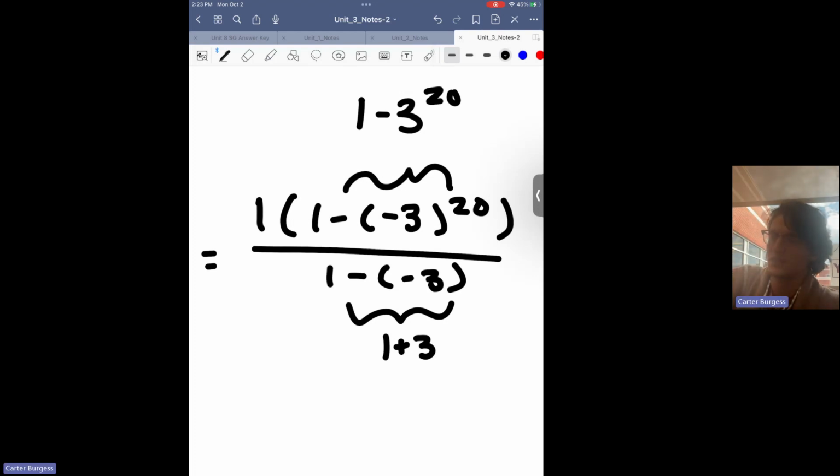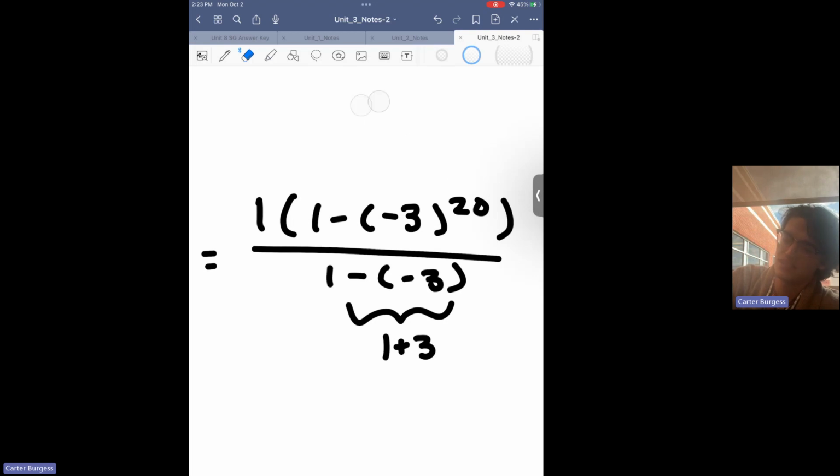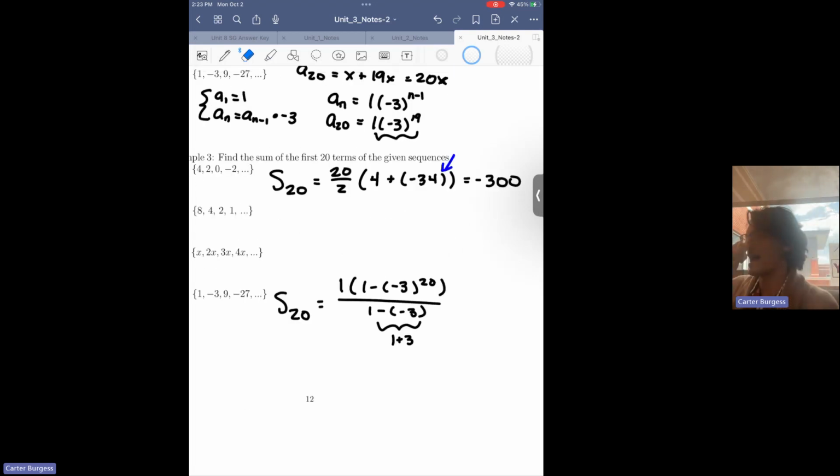So be very careful with parentheses and powers. This is about negative 800 million something, but you are done here. This is perfect.